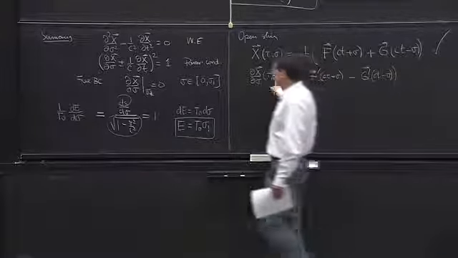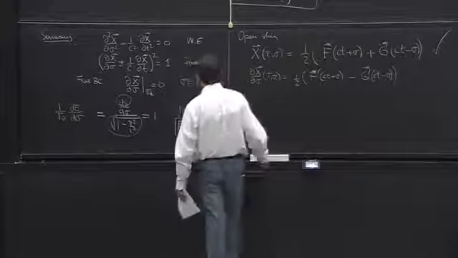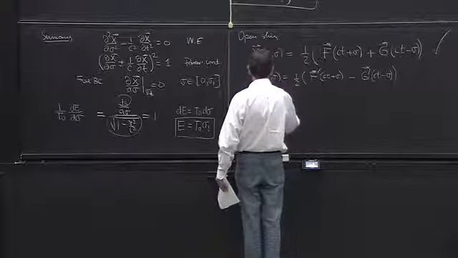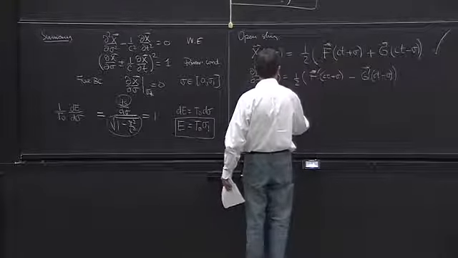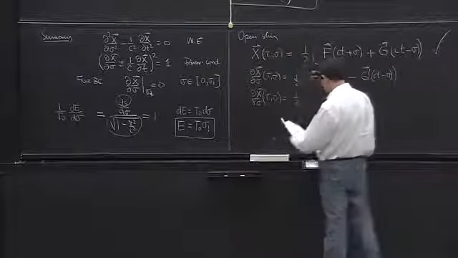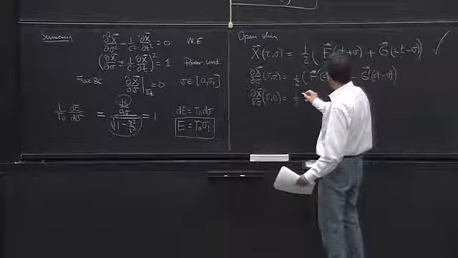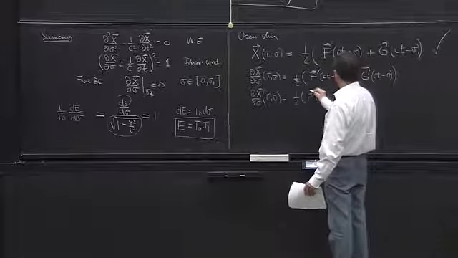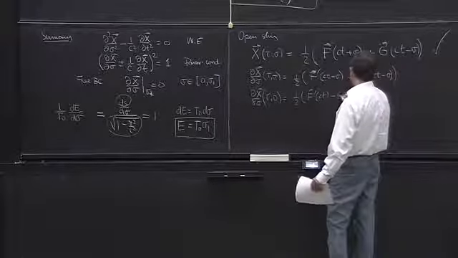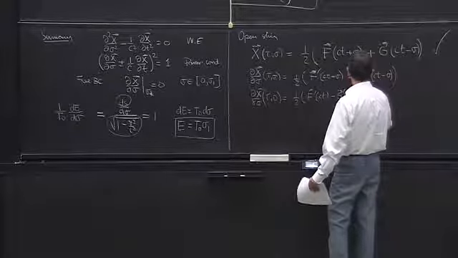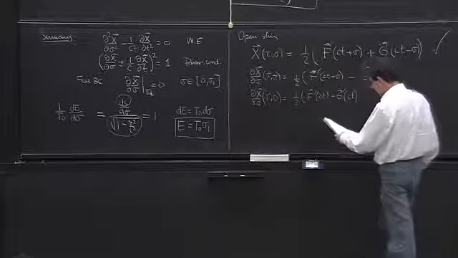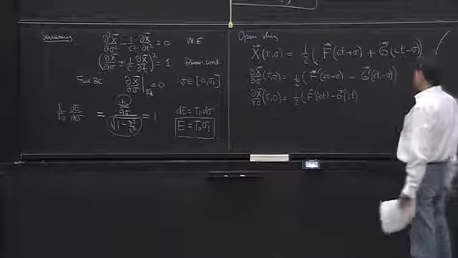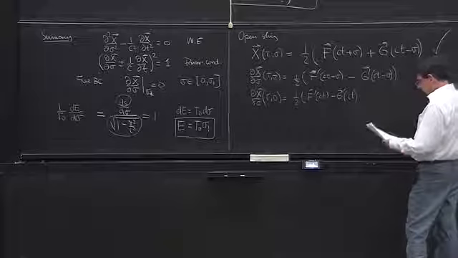And this should vanish at sigma equals 0. So dx d sigma at tau and 0 must be 0. And what do we get? I get 1/2 of f prime of ct minus g prime of ct equals 0.